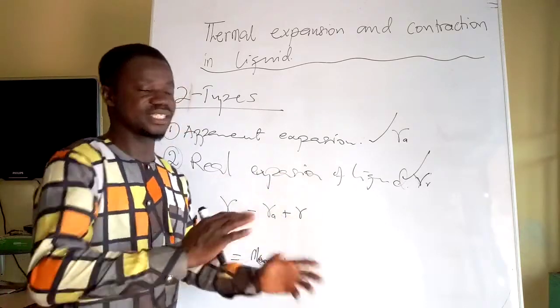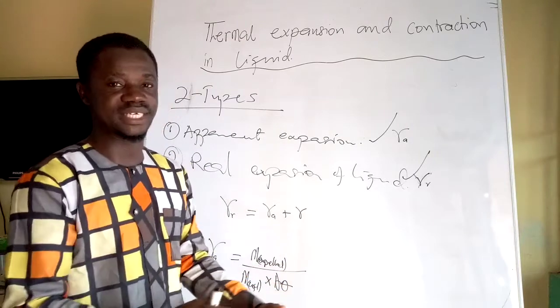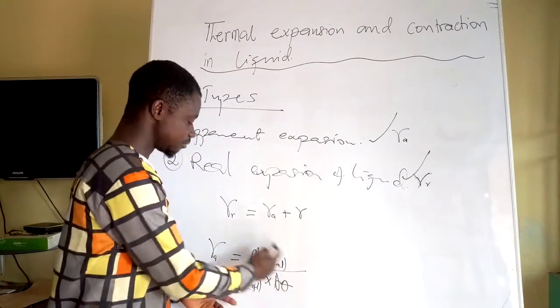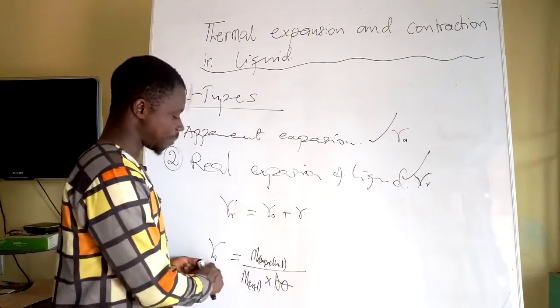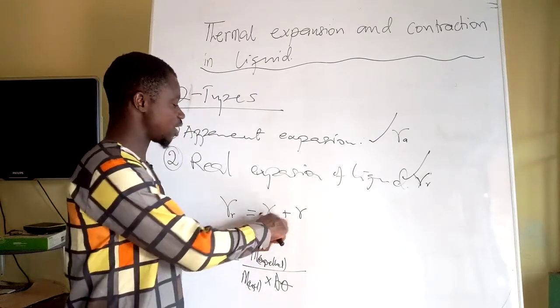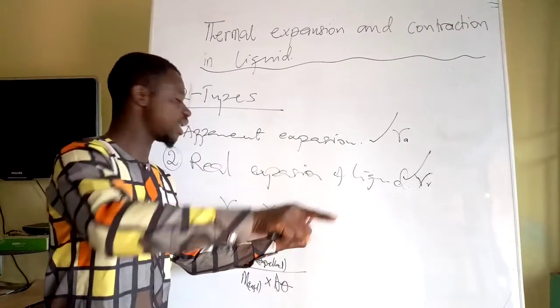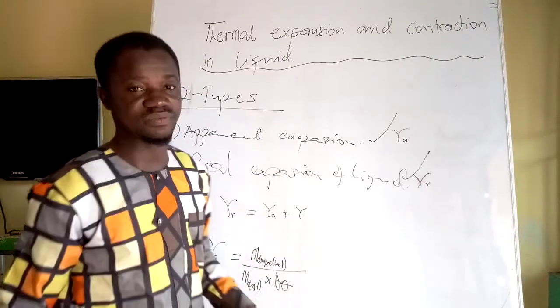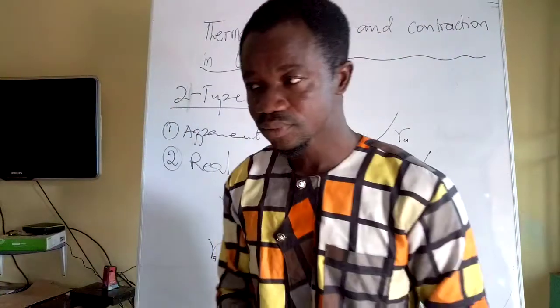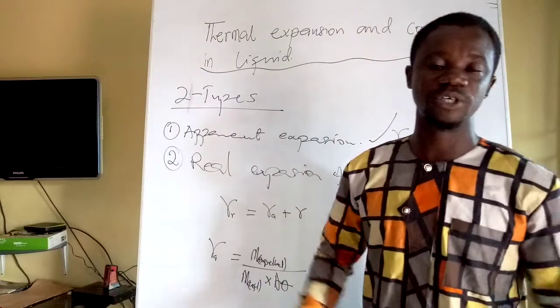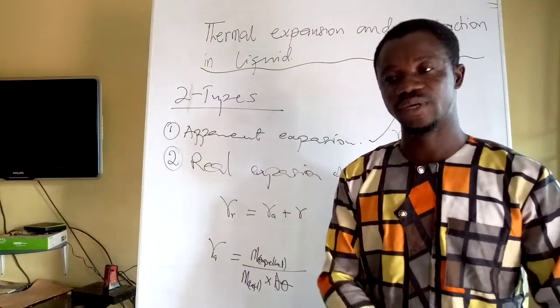Then we find the change in temperature, that is the initial temperature before heating and the final temperature after heating. We use that to find the apparent expansivity. But we put that here and add it to the expansion of the container. That will give us the real expansivity of liquid. So basically, this is what we need to know about thermal expansion and contraction in liquids.